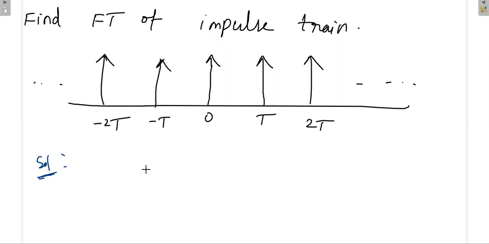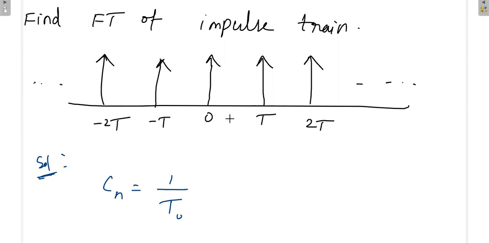So first of all, we have to calculate what is the Cn for this one. The Cn for this impulse train is 1/T₀. To calculate Cn, we have two methods.